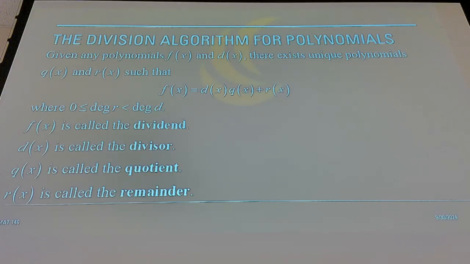Once again, all the algorithm is saying is that the polynomials Q of x and R of x are guaranteed to exist. And they're guaranteed to be unique. It doesn't say how to find them.